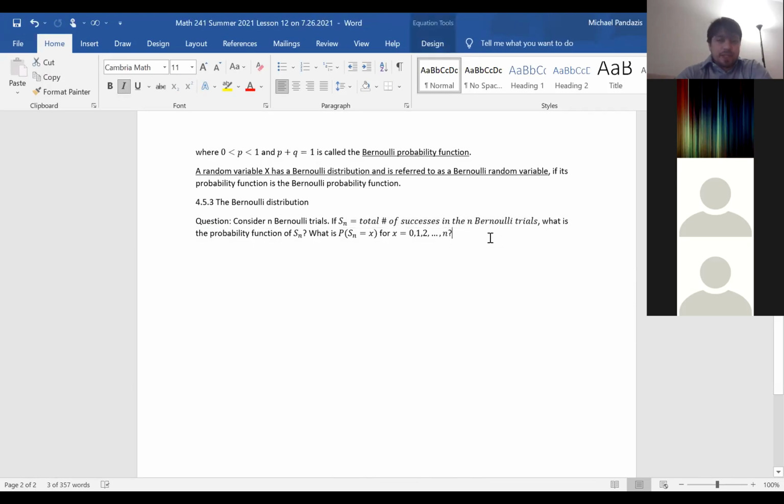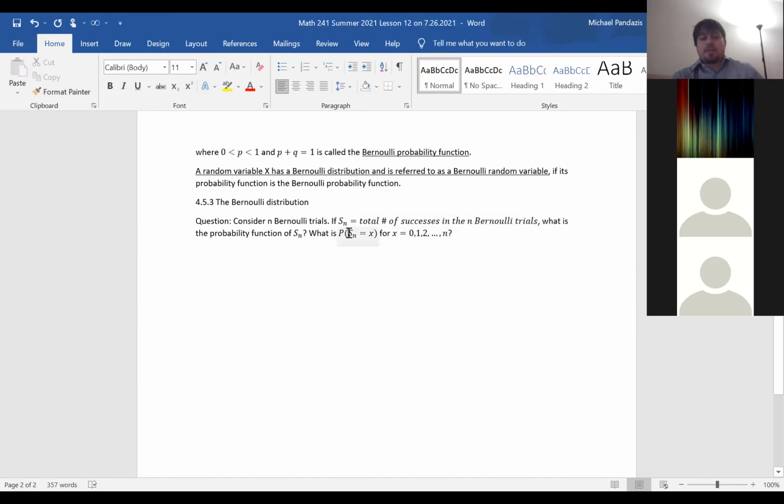Well, if there's n of them, and you want to think about how many successes you could have, either you have 0 successes, you always fail, or you have 1 success, or 2 successes, and so forth. And if there's a total of little n Bernoulli trials, you could succeed at most little n times. So little x is going to denote the fixed number of times you succeed, and the possible values little x could take are from 0 to little n.